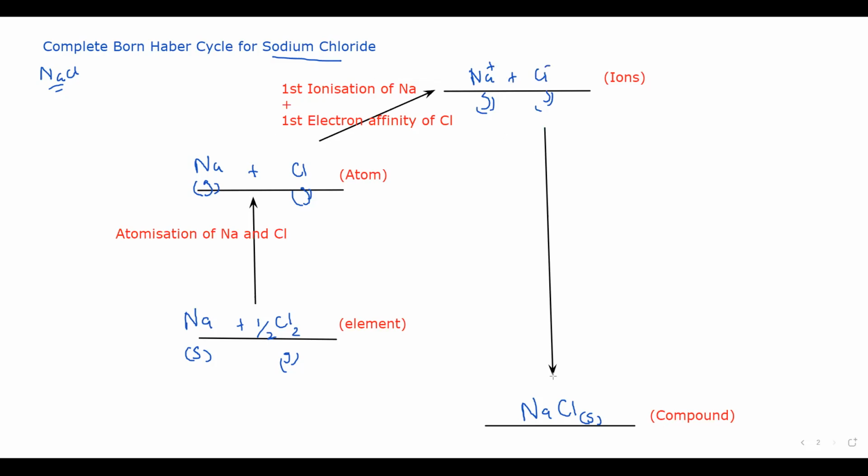And then when the sodium ion and chloride ion turn into sodium chloride, what do we call that? We call that lattice energy. Or when the elements directly form the compound, we call that formation.